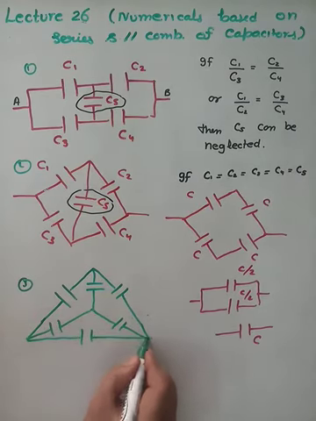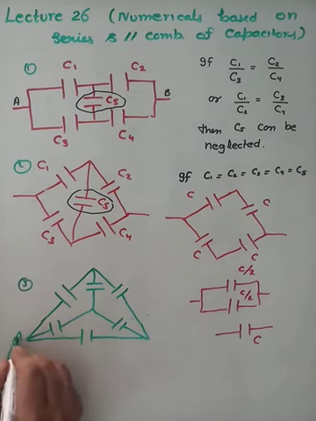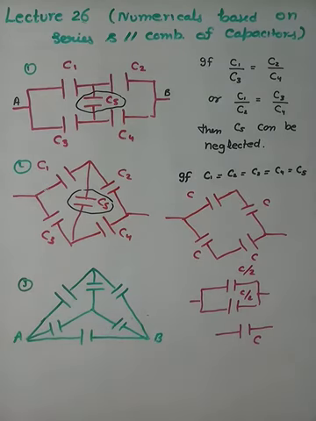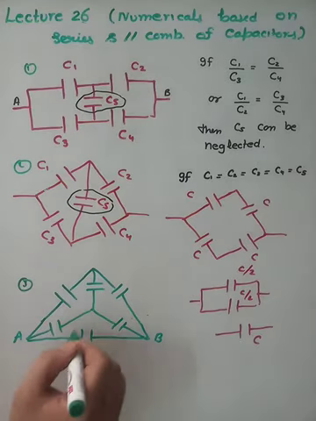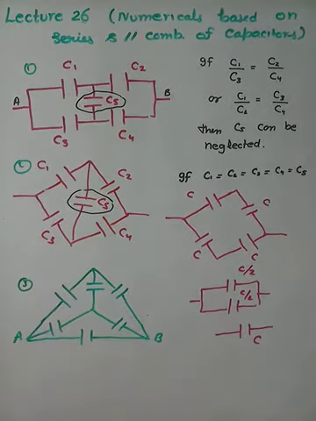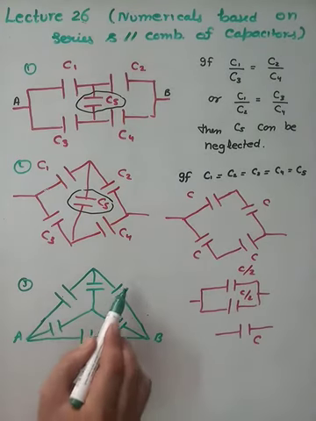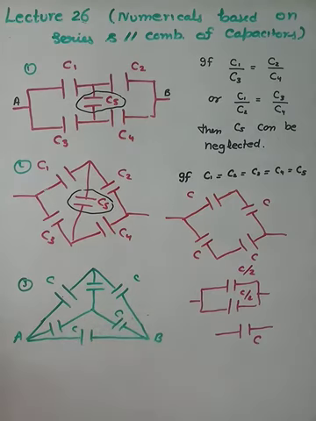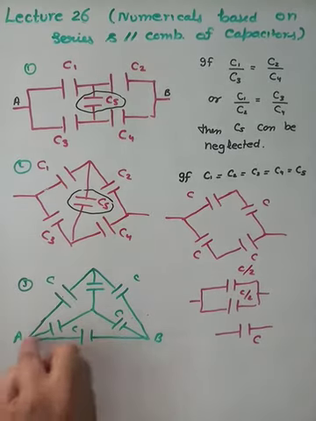Suppose the values of all the capacitors are the same, and we have to find the equivalent between A and B. Now this combination is very similar to this one, that this upon this is equal to this upon this. If all the values are the same, then we have an arrangement. These 5 capacitors are like this.